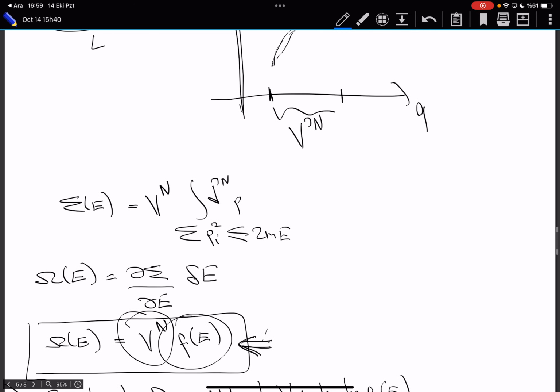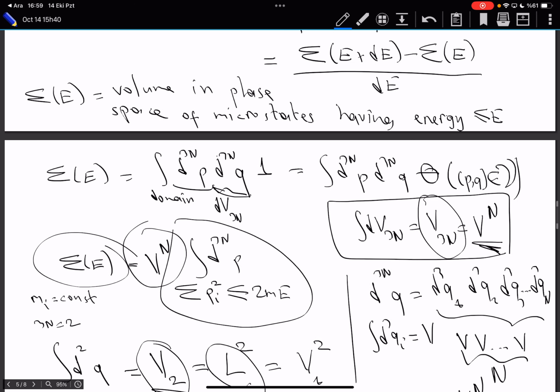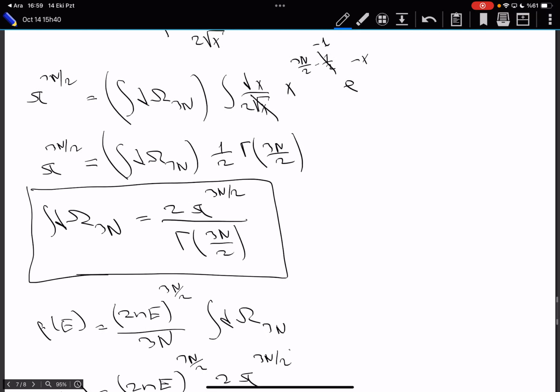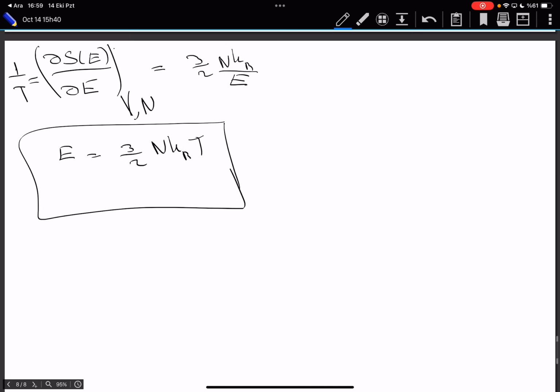You see, when I wrote this expression over 3n particles, and I said that the particles are not interacting with each other, I ignored any possible contribution to the energy from their internal structure. So p and q are nothing but the position and momentum of the center of mass. There is no rotation and nothing. So this is an ideal gas made up of point-like particles, and in fact that is why we have this 3/2 n kB T over there.